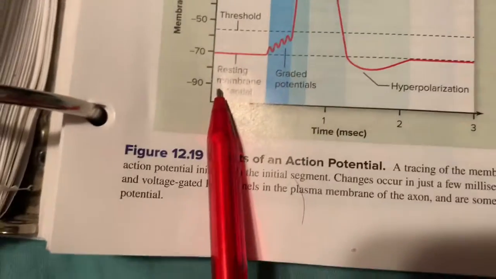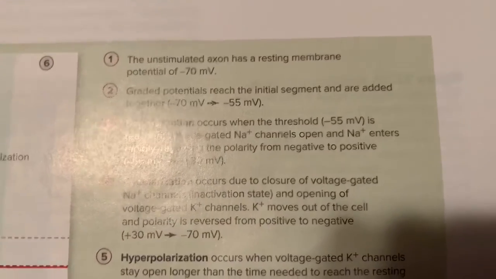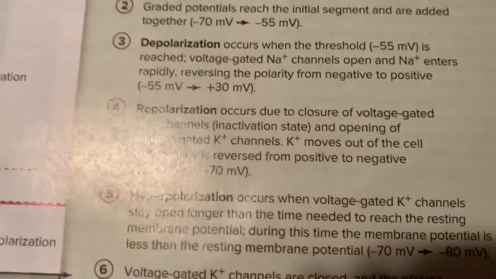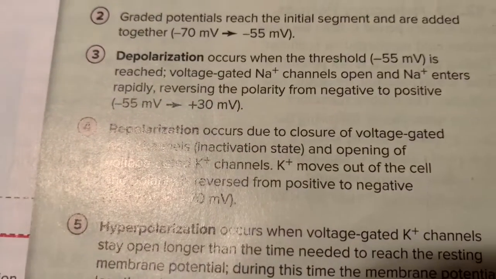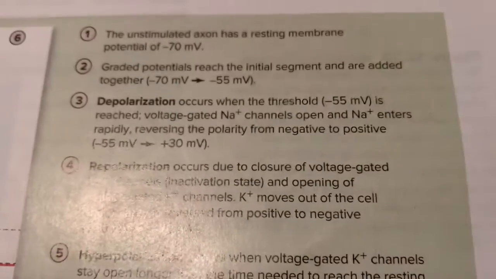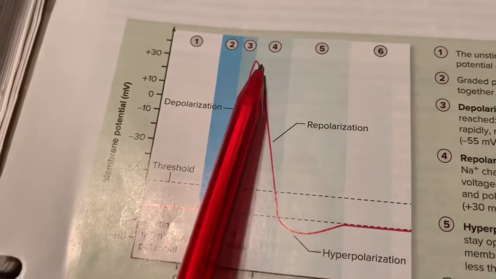Next is the depolarization phase here, and sodium rapidly goes into the axon, which makes the polarity go up from negative 55 millivolts to positive 30 up here.